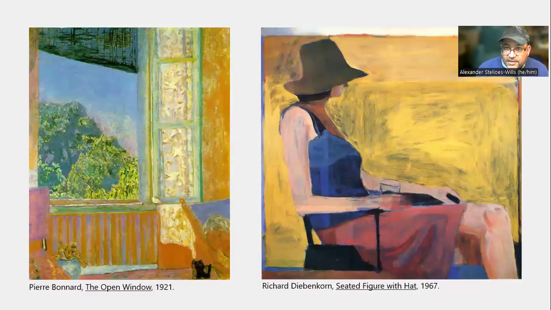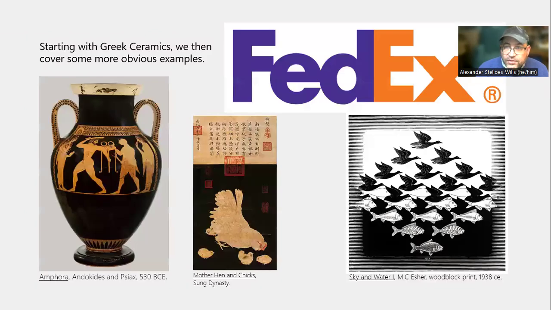So, okay, getting back to our lecture on figure ground. We start with talking about red figure and black figure. But I also want to talk about how there are some really obvious examples of figure ground, and that's how a lot of beginning students learn it. In a basic design class, a lot of students will be given assignments where they do some kind of figure ground reversal like this, where you have black mark shapes on a white space.